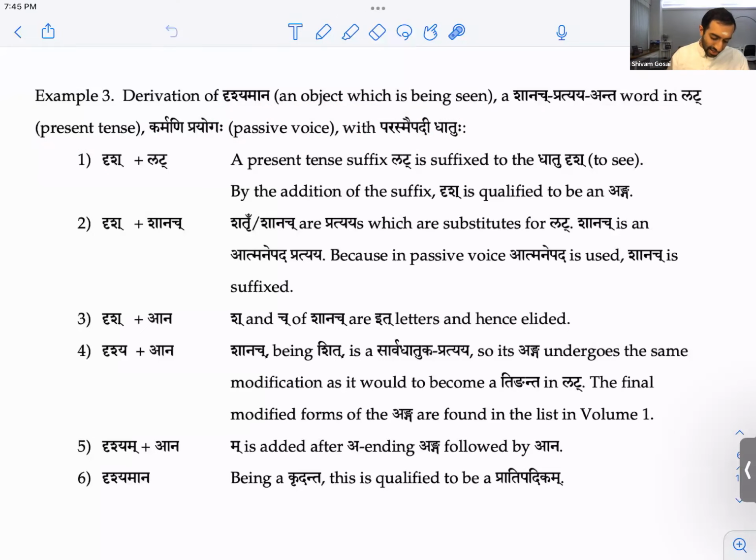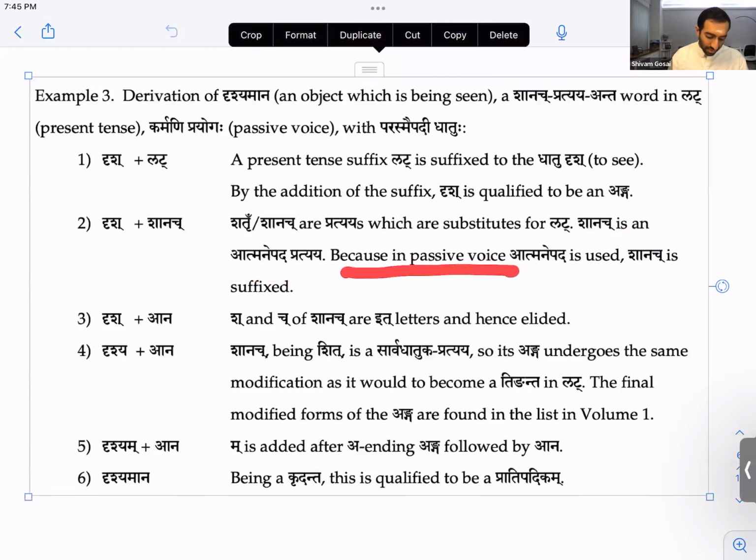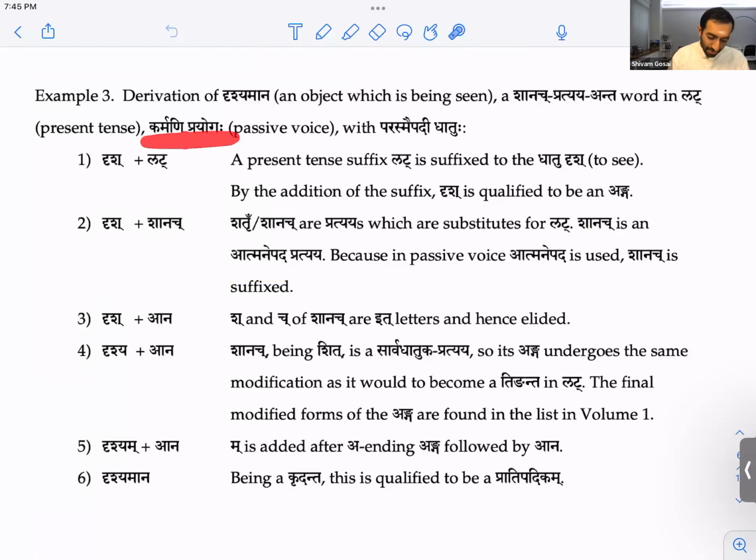Since Śānac is an atmanepada pratyaya, because we're in passive voice, Karmani Prayoga, atmanepada is used. So I made a little mistake earlier: Drish, I said 1A, it's 1P. You say Pashyati, usually. It's 1P, so it's a parasmaipadi dhatu.